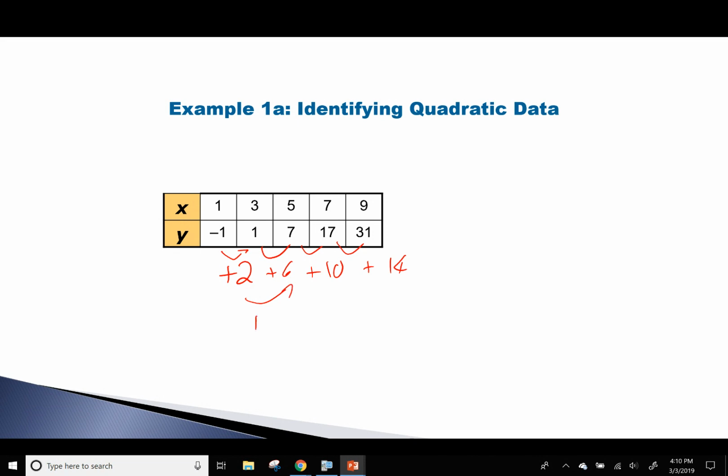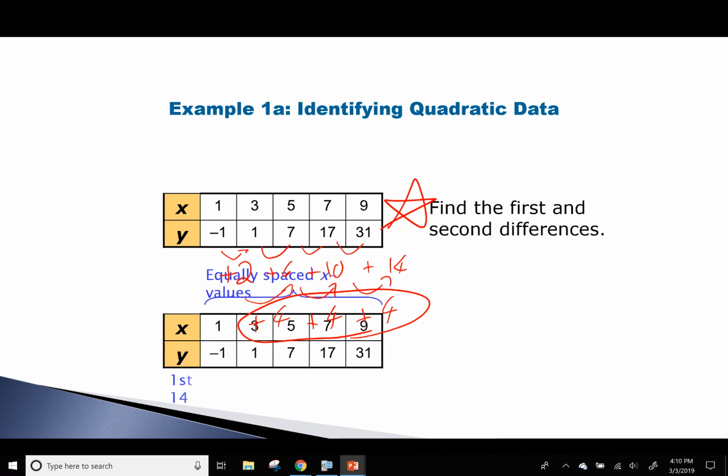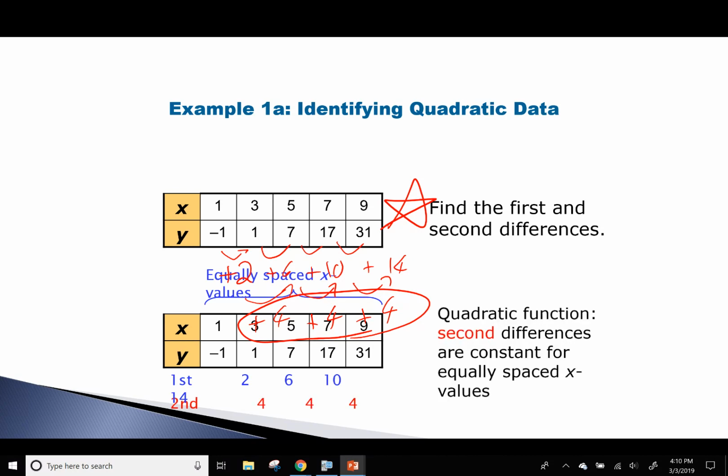From 2 to 6, it's adding 4. From 6 to 10, it's adding 4. And from 10 to 14, it's adding 4. So since the second differences all match, that tells me that this table here is indeed quadratic. And that's something that's very useful for us to know.